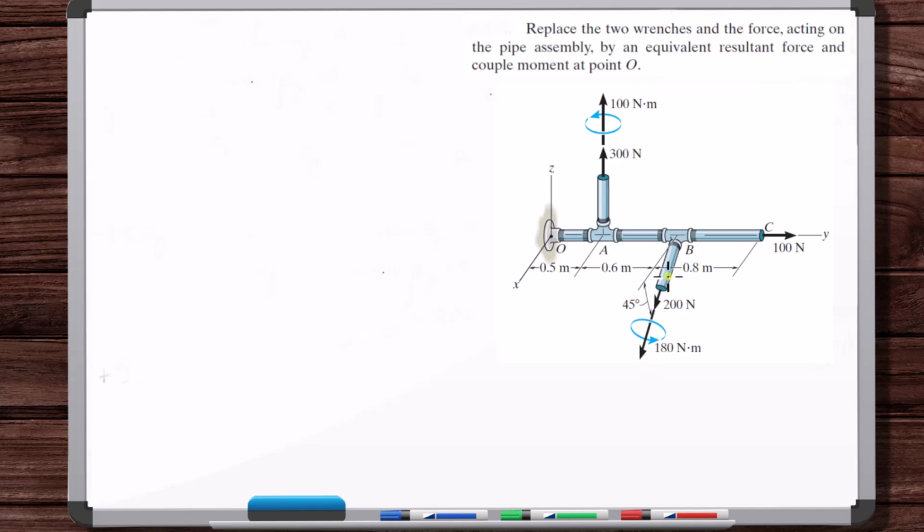For this one here, you bring this couple moment back to point O, that's in this direction, right? That's parallel to the force. But then there's also going to be a couple moment along this axis here, that's perpendicular to the force axis, something like that, right? You have the forces in this direction and also a component in this direction.